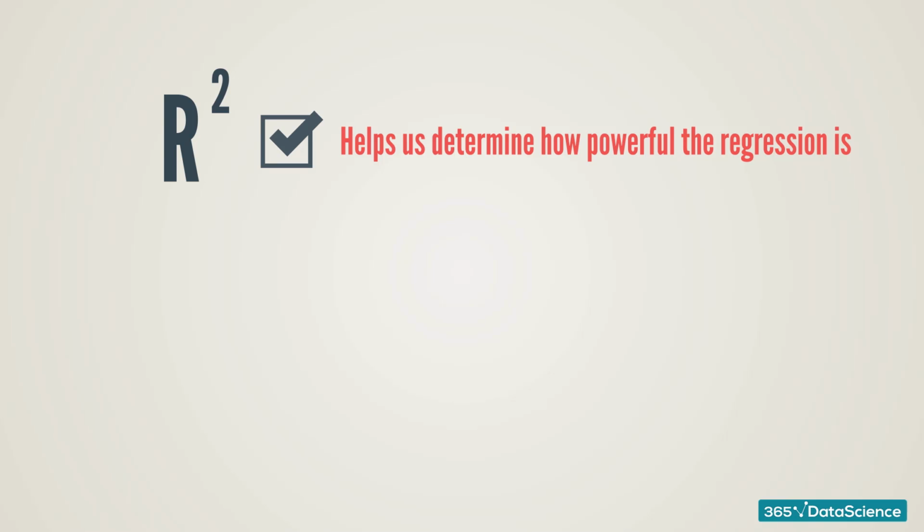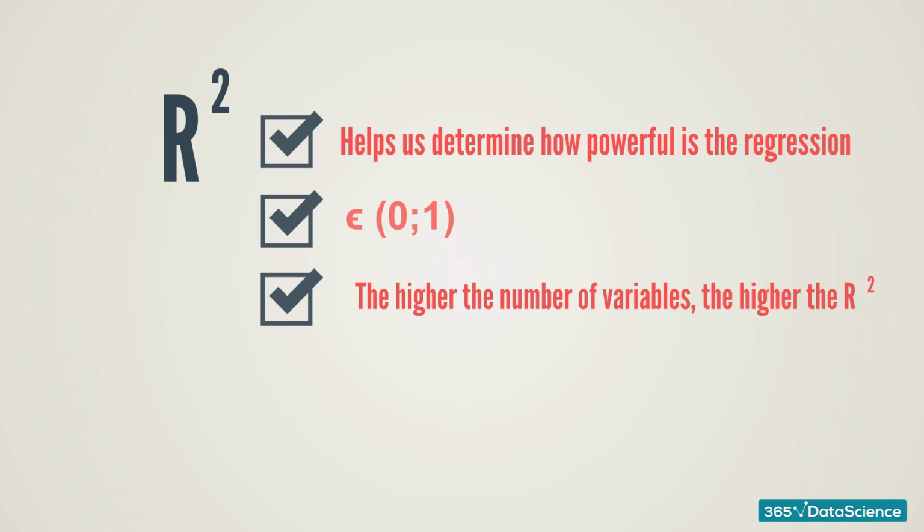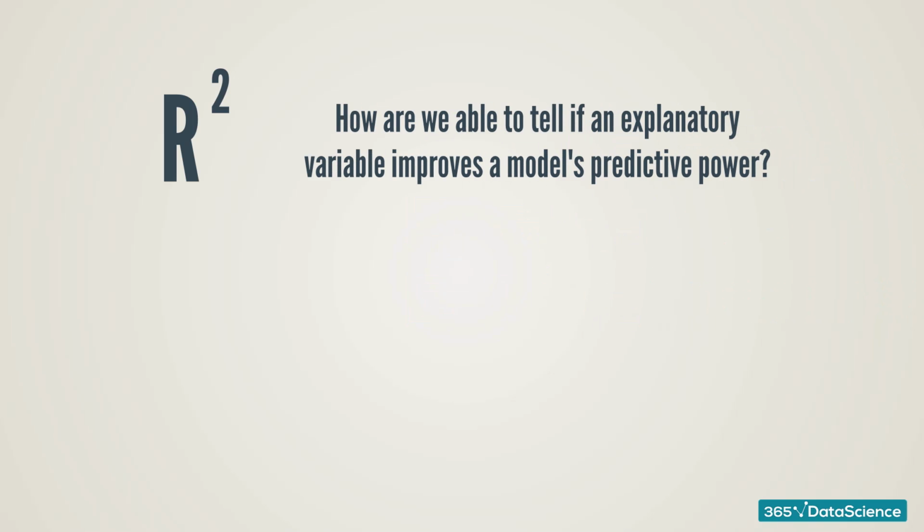Similar to what we saw before, the R-squared measurement will help us determine how powerful the regression we've obtained is. Again, R-squared can be from 0 to 1, and the more variables we include in the equation, the higher we would expect it to be. There are 2 main ways to check if an explanatory variable is helpful.